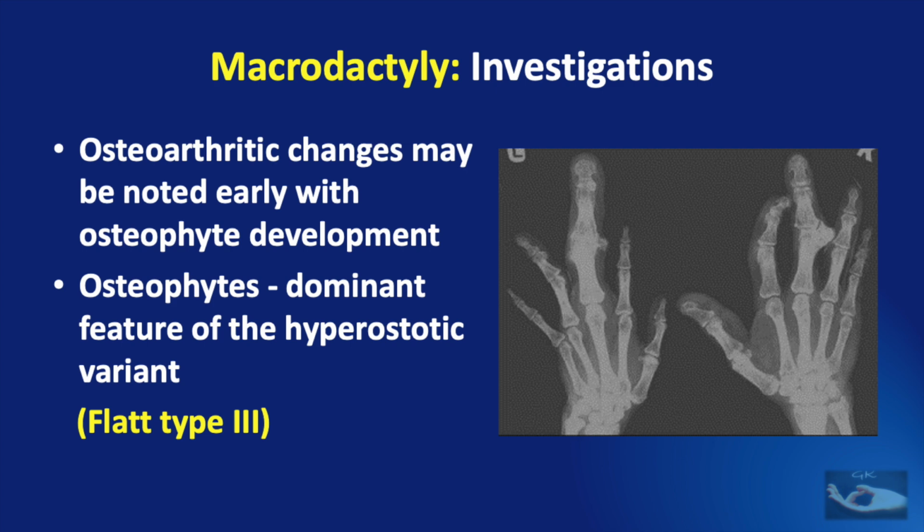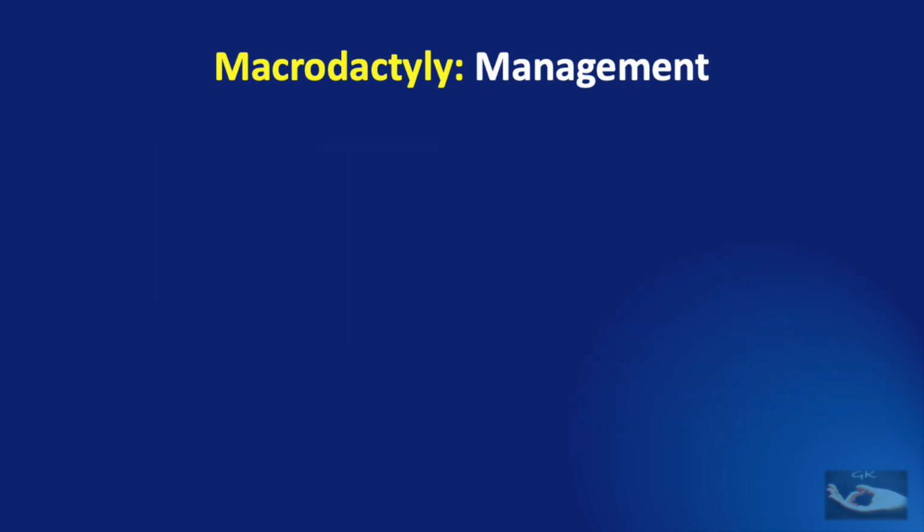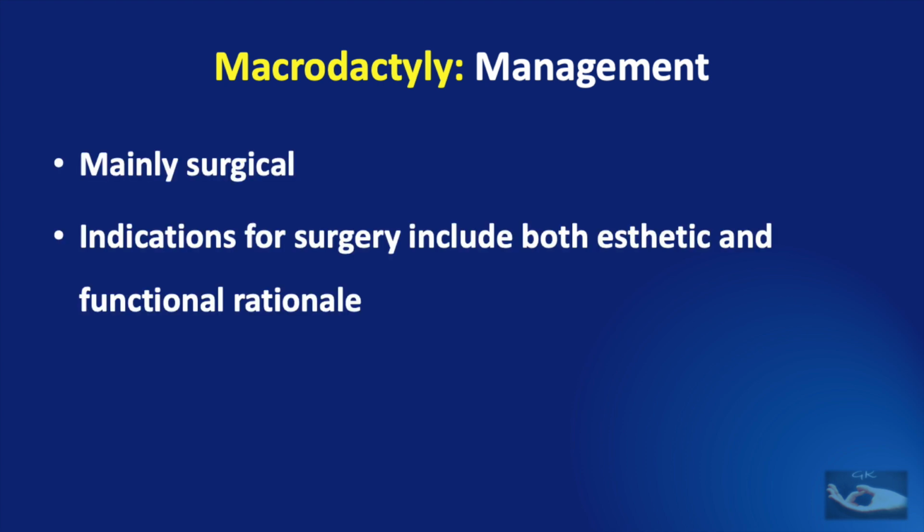Osteophytes are the dominant feature of the hyperostotic variant, that is type 3. Periarticular exophytic osteocartilaginous masses are typically seen, and when these occur, they are typically not associated with enlargement of the peripheral nerves.